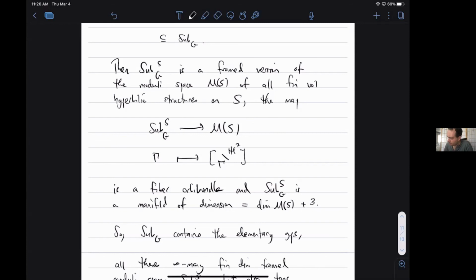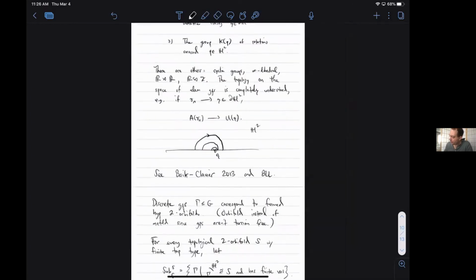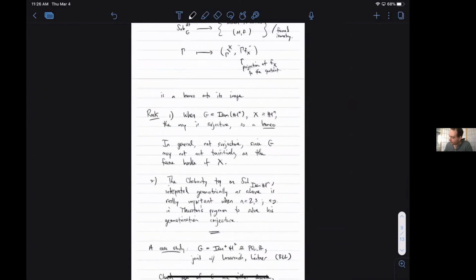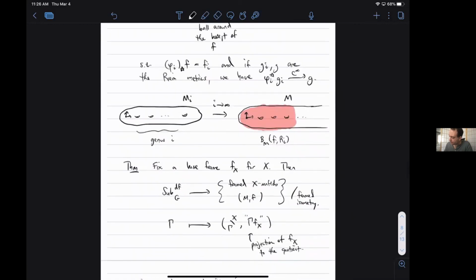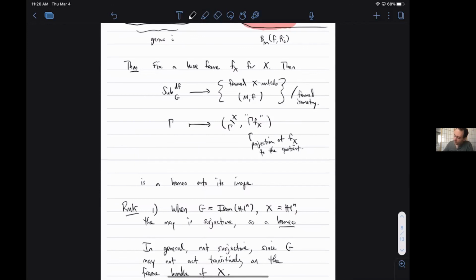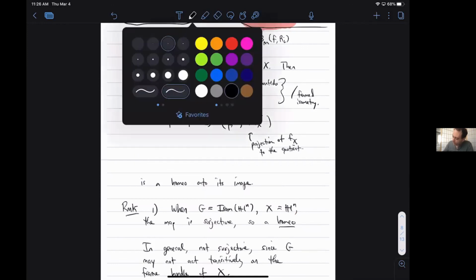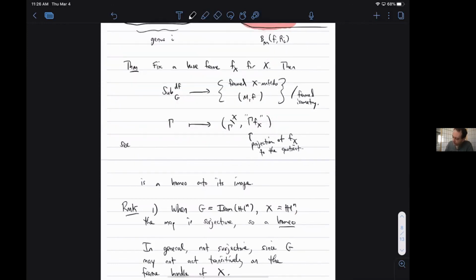And also for this convergence of framed Riemannian manifolds, could you mention some reference for that part? Yeah, right. I think the right things to look at are two papers that do this kind of stuff.